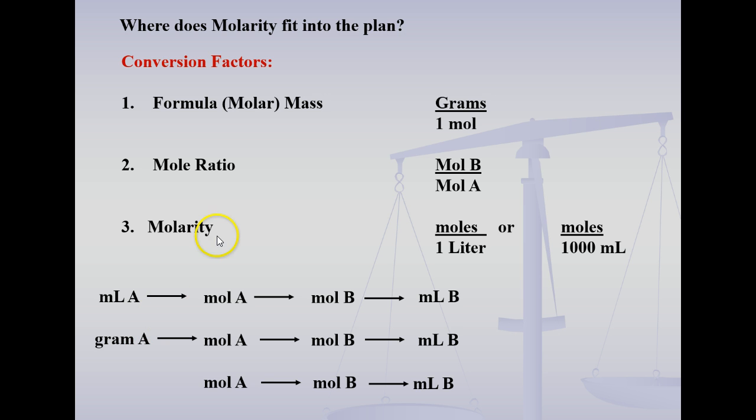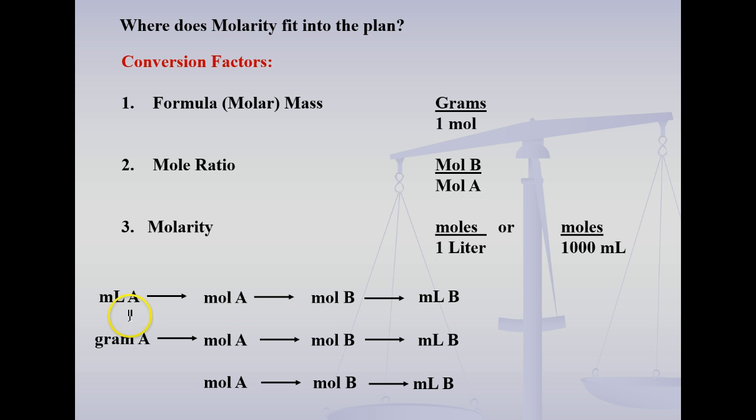You have now 3 conversion factors: formula mass, which you know you can convert between grams and moles; mole ratio, which you always have to use in stoichiometry to get from moles of A to moles of B. This is our setup for mole ratio. Now we're using molarity, moles over 1 liter or moles over 1,000 milliliters. There's a lot of different plans that I could show you, but I'm going to show you 3.